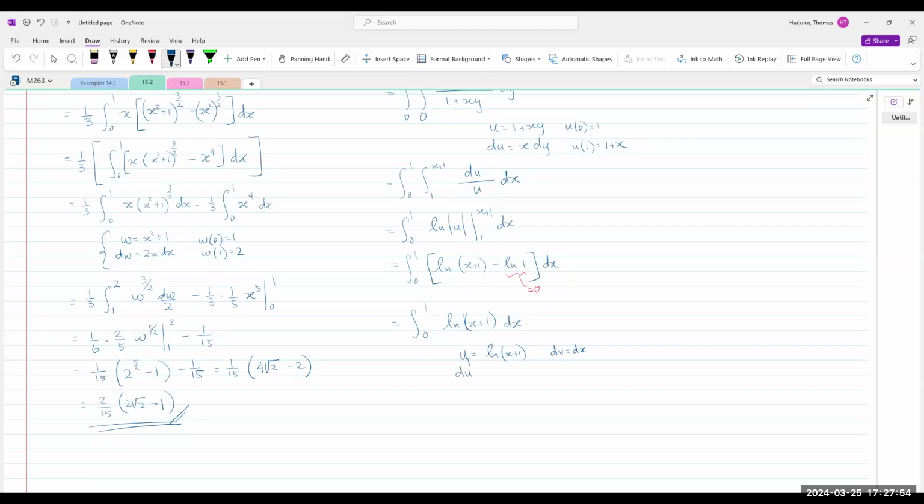So du1 equals 1 over x plus 1 dx, and phi equals x. This is the regular method. Okay, so this is x natural log of x plus 1 from 0 to 1 minus the integral from 0 to 1 of x over x plus 1 dx.